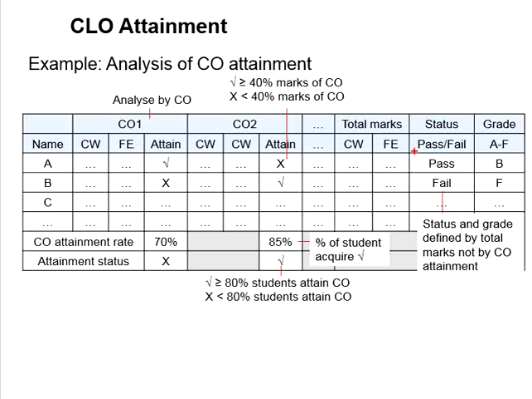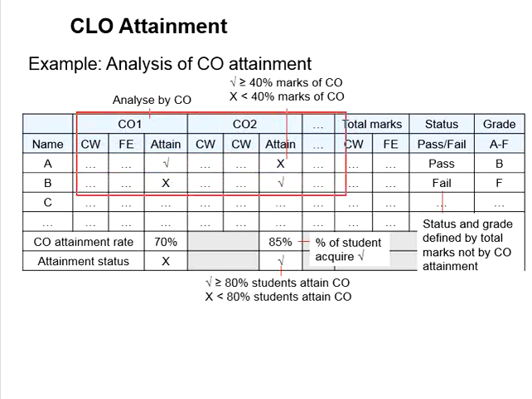And then based on the marks obtained by the student, grades are given, grade A to grade F. This grade shall be used for the computation of the CGPA, which serves as the gateway for the students to graduate and be released into the industry. Now the grade here and also the pass or fail status is not defined by the CO attainment.